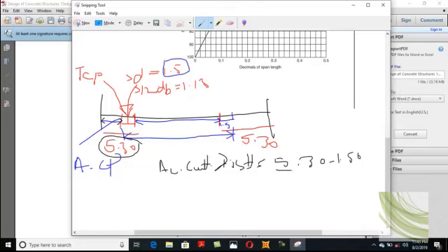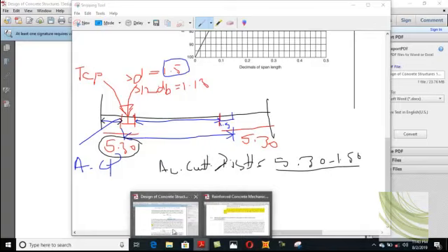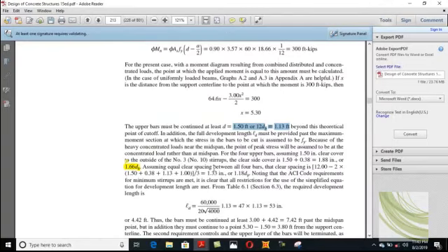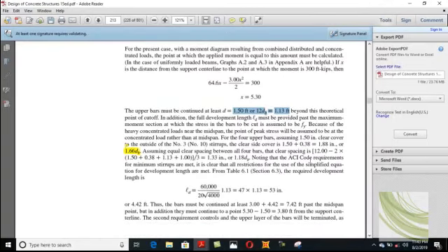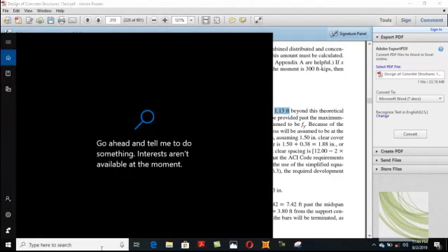Subtract this, and you will get your actual cutoff distance, which comes out to be 3 point something. Clear cover to the outside. Now it will be checked whether it satisfies the development length criteria, let's say CL.